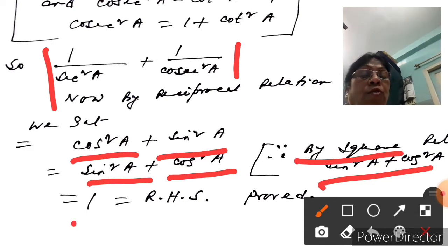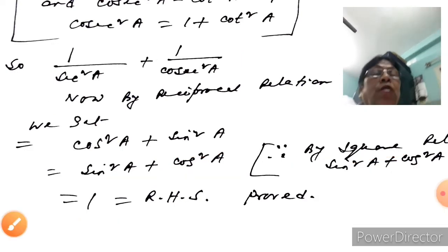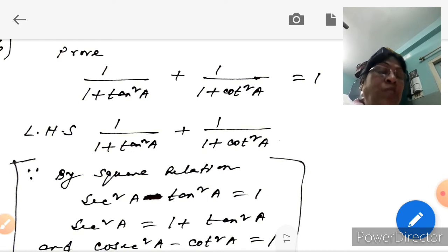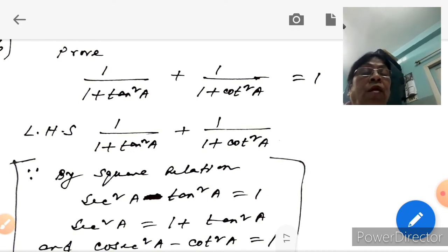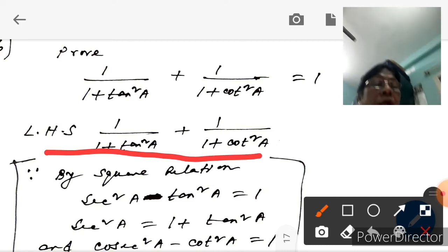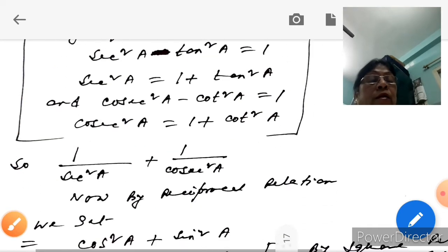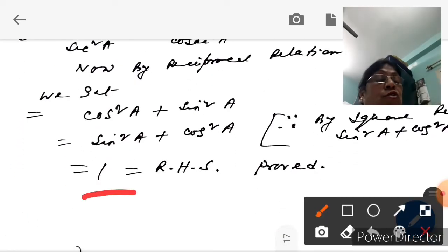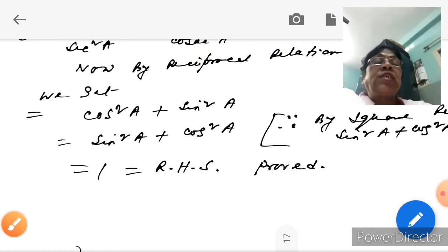So, put here 1. So, from the left hand side we have started, and right now we got is equal to 1. So, this has been proved.